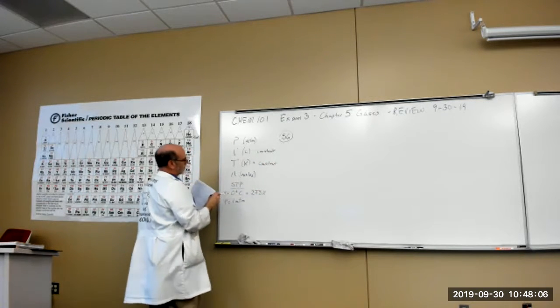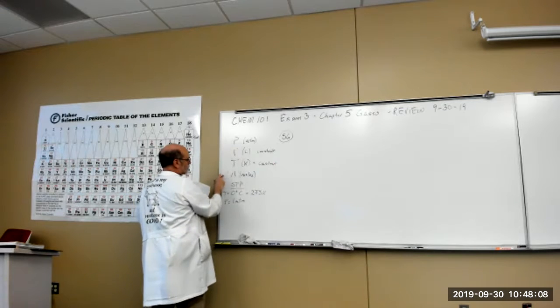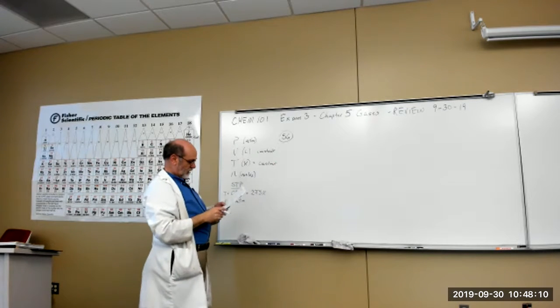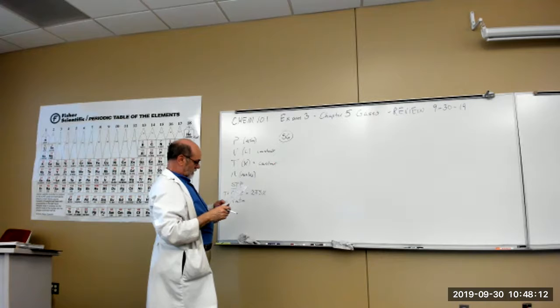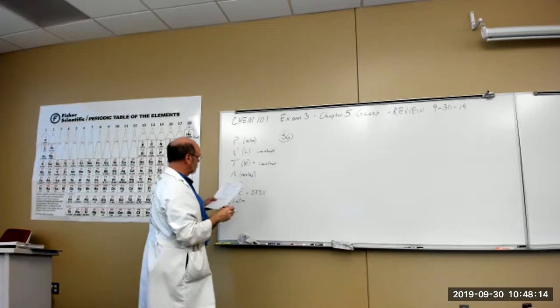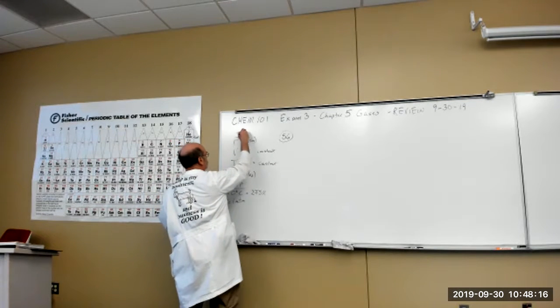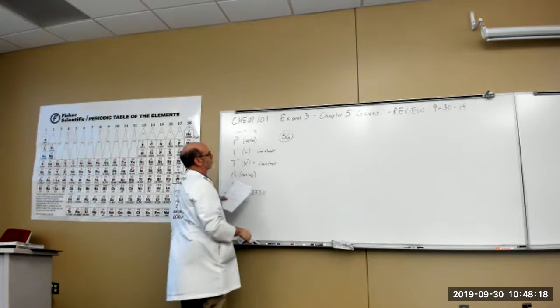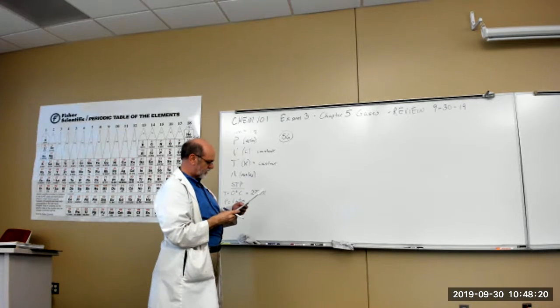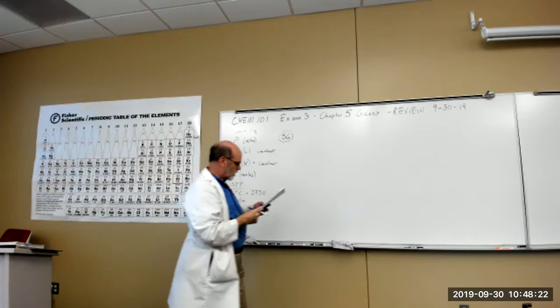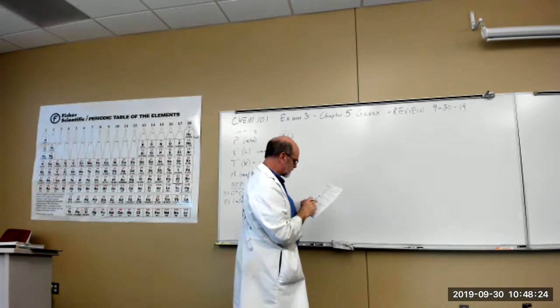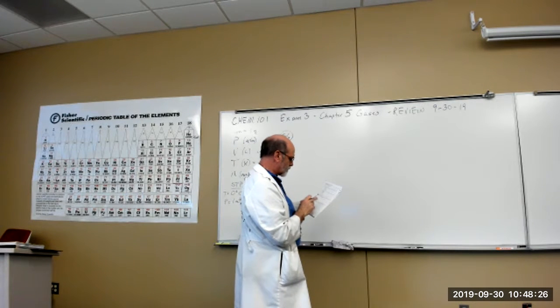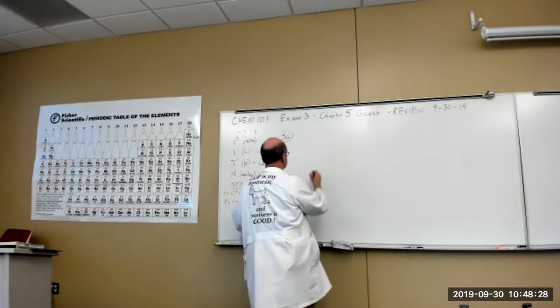Okay. So we've got pressure and moles. Mass is the same. So mass is constant also. So what we're looking for is the best graph of pressure versus molar mass.